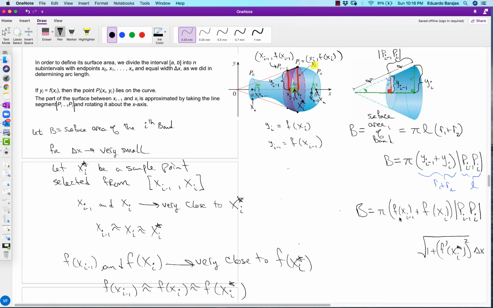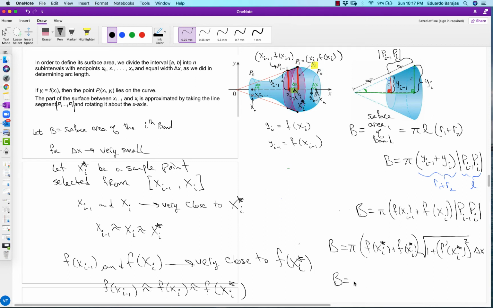And then these two, well, as we just said, f of x sub i minus 1 is approximately equal to f of x sub i, which is approximately equal to f of x sub i star. So both of these two really just become f of x sub i star plus f of x sub i star. And then there's a pi here, and then there's a b there. Well, these two are the same thing, so we can just say there's two of those.